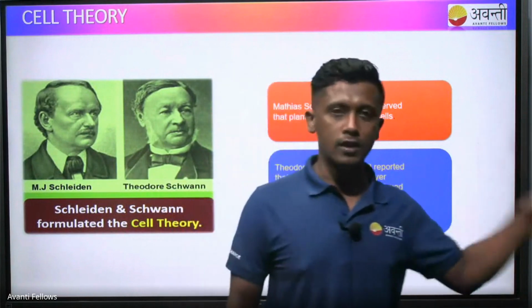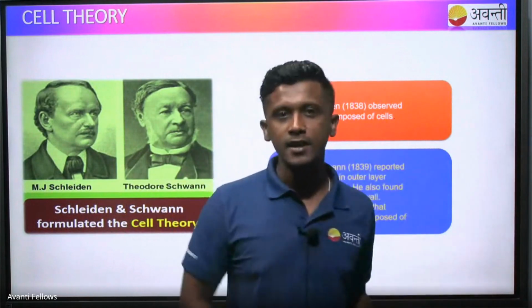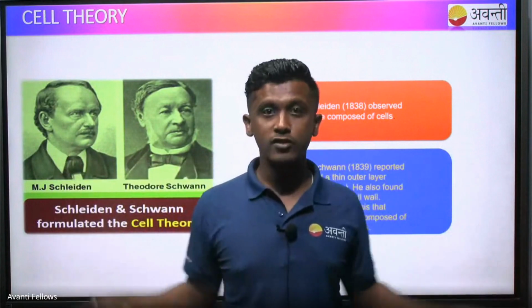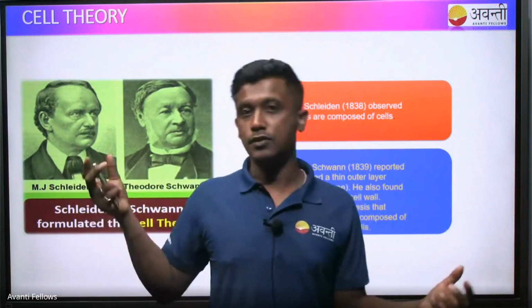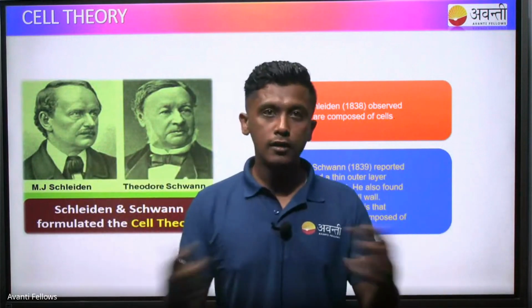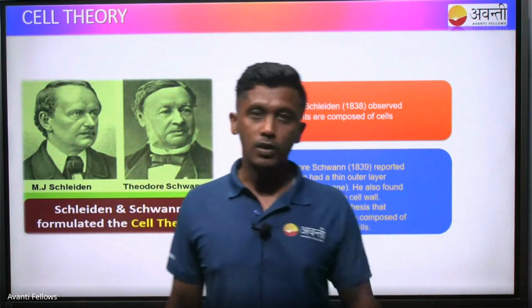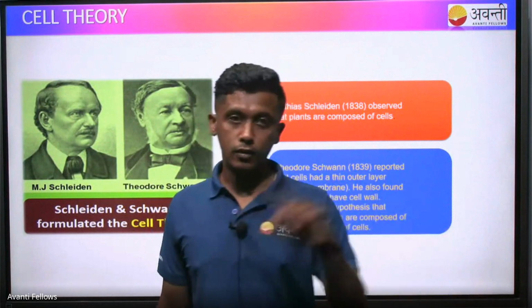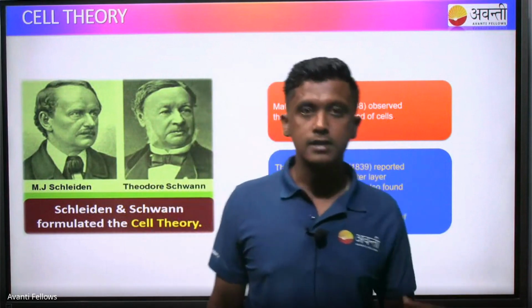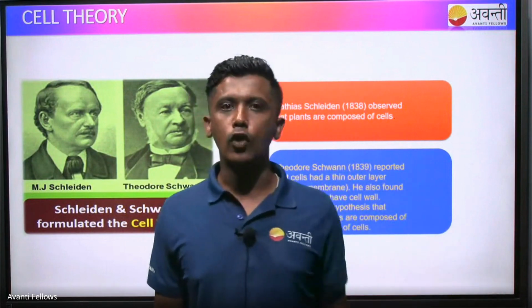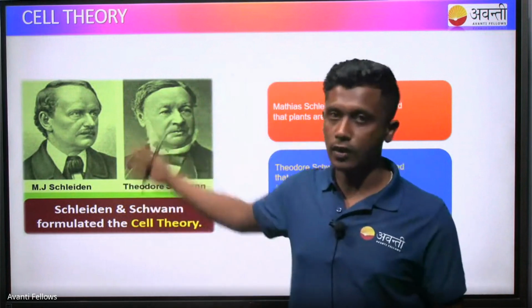Biology was split into two major groups: one is botany, the other is zoology, and all of them were suddenly excited to study the characteristics of cells, whether in animals or plants. It started from microorganisms only, and then even the higher organisms.